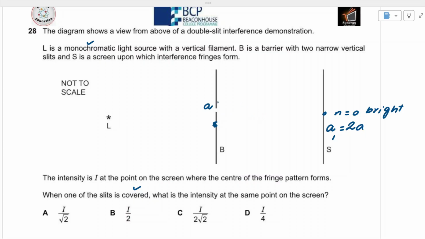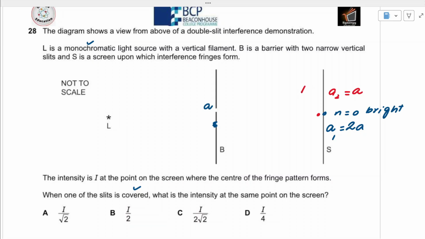Now you have only a single wave, hence the amplitude over there would be only A, not 2A, because whatever the amplitude of the single wave is, that would be the amplitude on the screen.